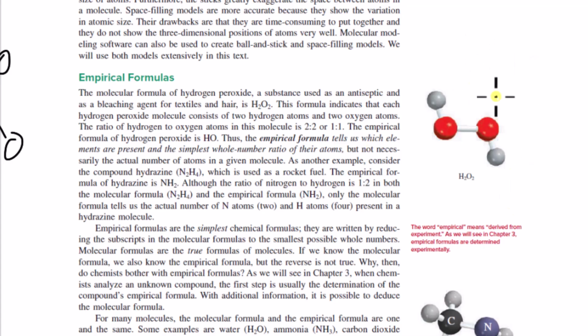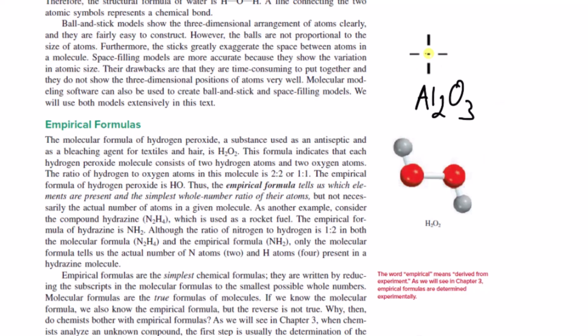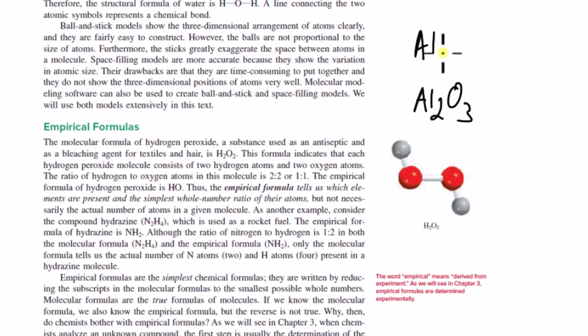Or take aluminum oxide, the ionic compound. It doesn't make sense to report the chemical formula for aluminum oxide as Al6O9. No. You could just say this substance has aluminum and oxygen atoms in it, and for every 2 aluminum atoms, there are 3 oxygen atoms.